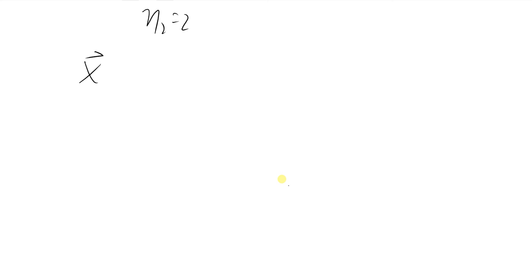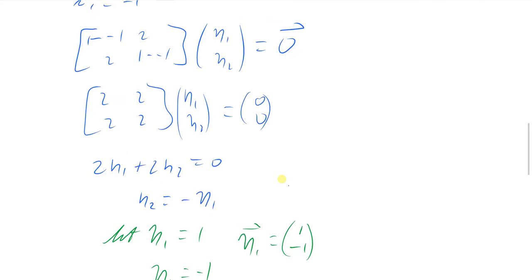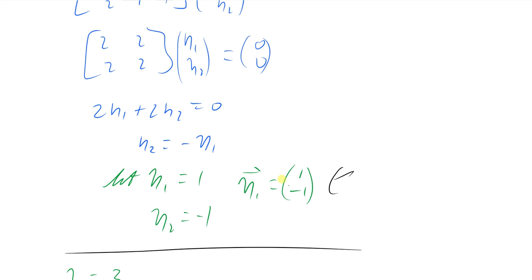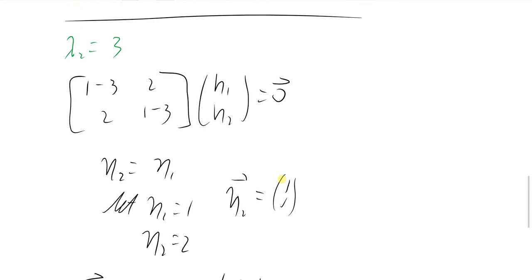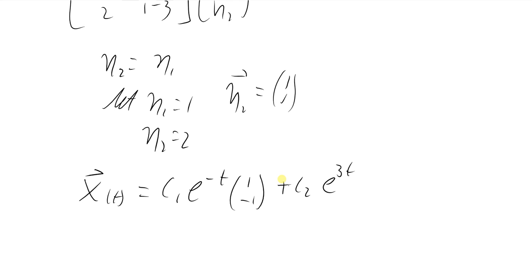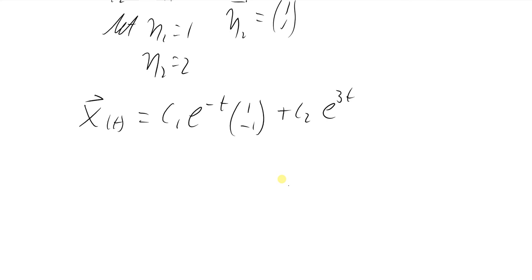We have x of t, this is the matrix solution, is c1 e to the lambda t, so it's negative t, times our eigenvector [1, -1], plus c2 e to the 3t, our second lambda, times our second eigenvector [1, 1]. So that's our solution.